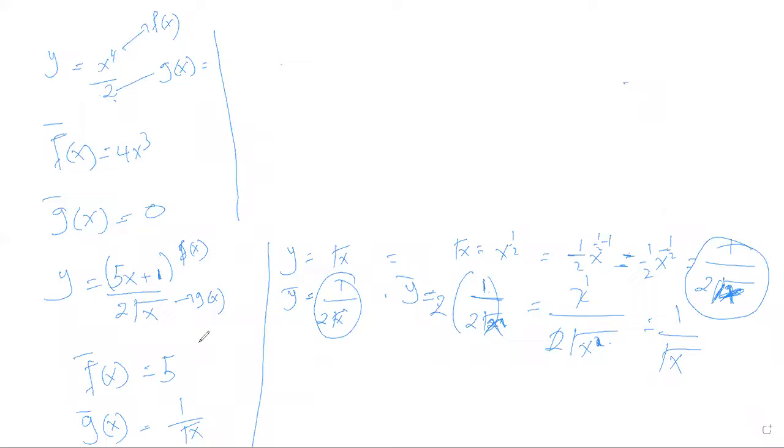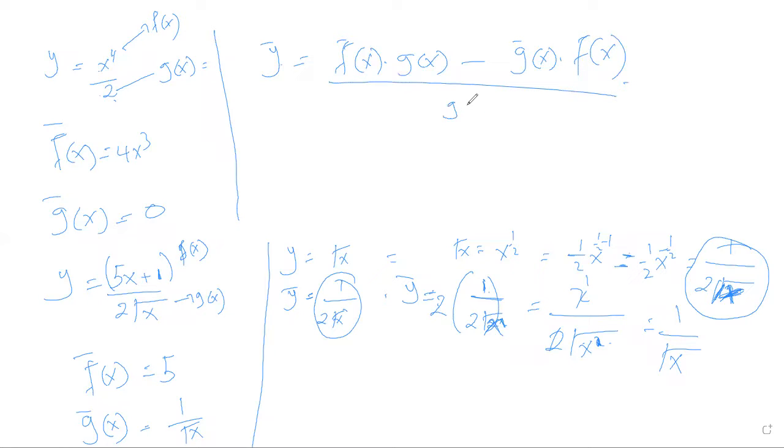Okay, let us do it like this. The quotient rule formula was y prime is equal to f prime of x times g of x minus g prime of x times f of x, divided by g of x square.